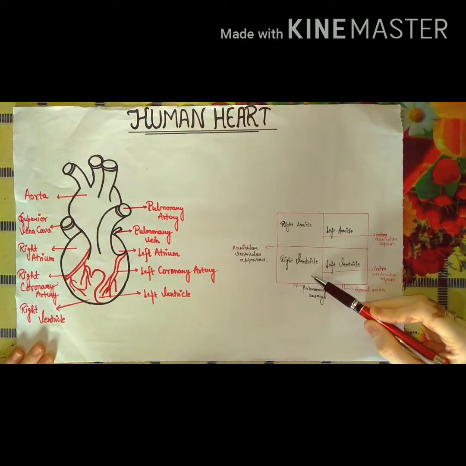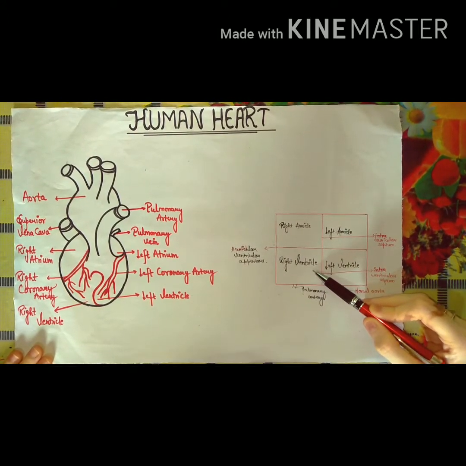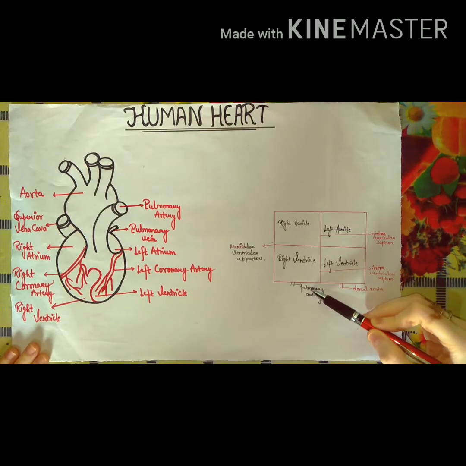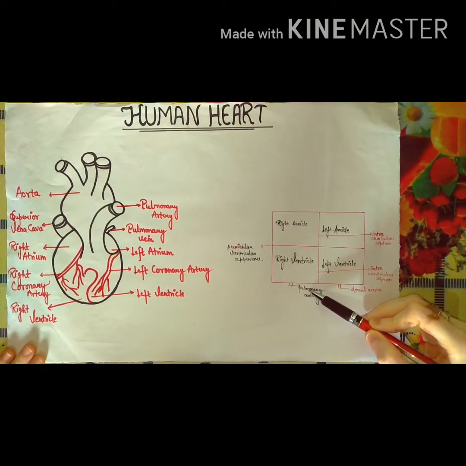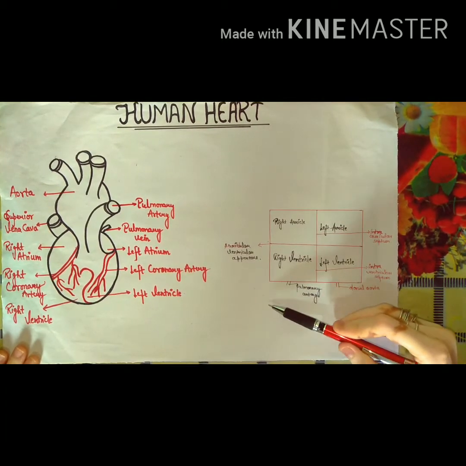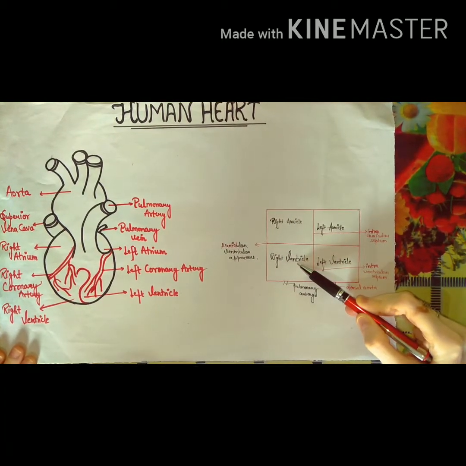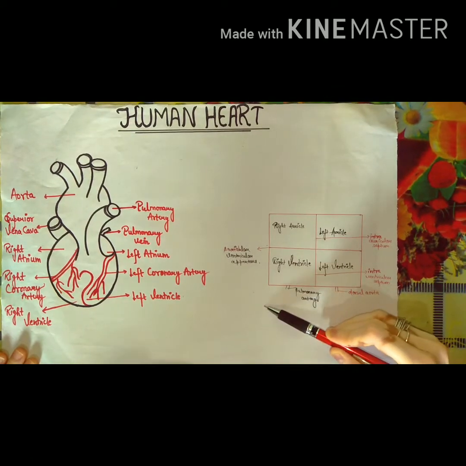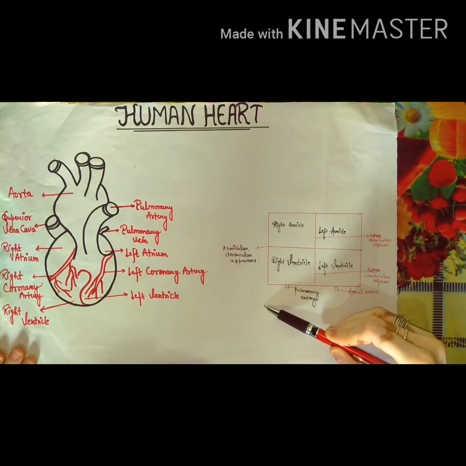The deoxygenated blood from the right ventricle is carried by the pulmonary artery up to the lungs, where gaseous exchange takes place and deoxygenated blood is converted into oxygenated blood.